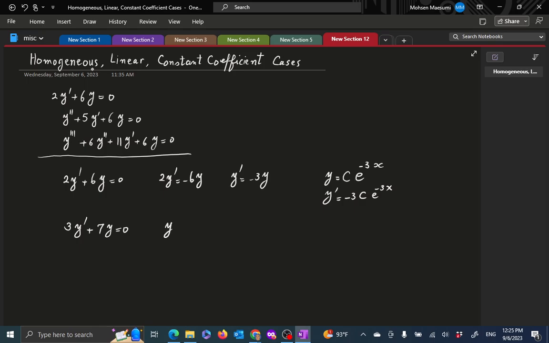So I say consider a function of the type exponential of mx, and then find m, if it is possible, so that this is a solution. So we are trying to see if it is possible to find solutions of this type for this equation. Well, how do we do that?